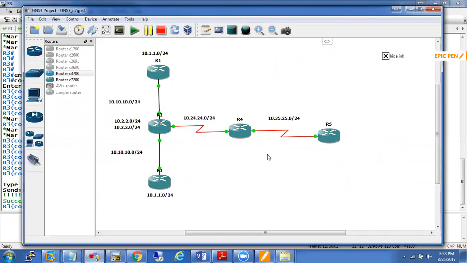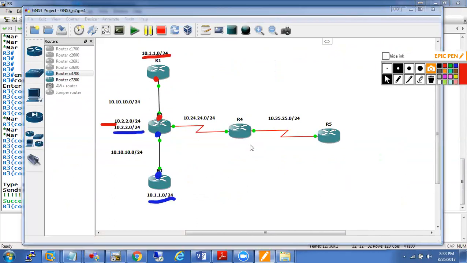Now, where is my VRF right now? I have two VRFs, the red and the blue. They're between R1 and R2 and R2 and R3, two separate VRFs. So what's on the other side towards R4? So 2 to 4 or 4 to 5. That I have not put that interface, the S0/0 interface, in any VRF.